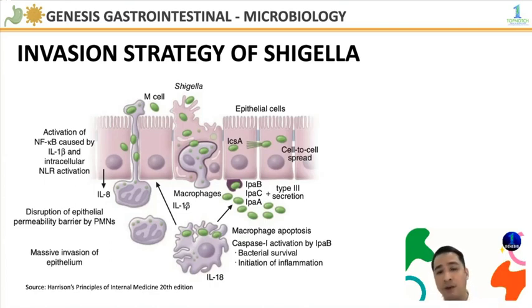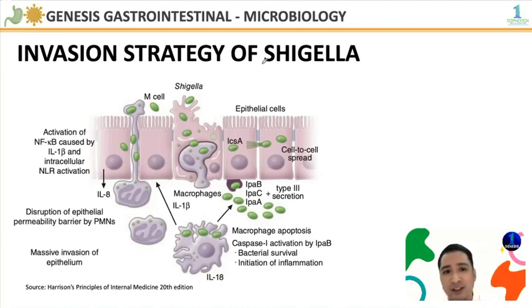If you can remember the triad of HUS: thrombocytopenia, microangiopathic hemolytic anemia, and acute kidney injury.